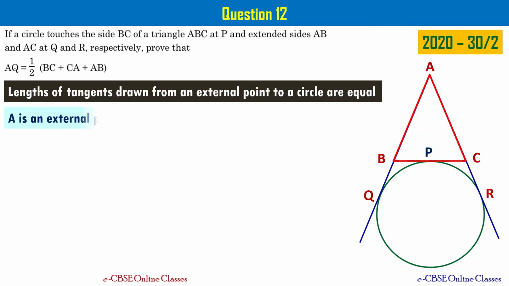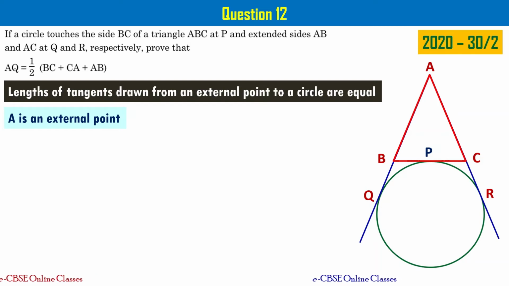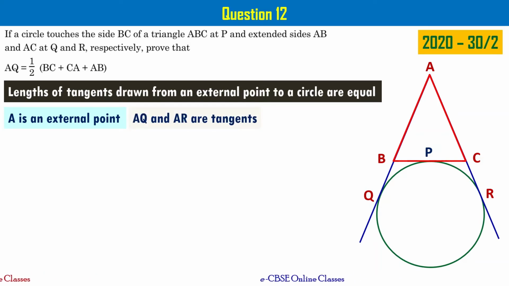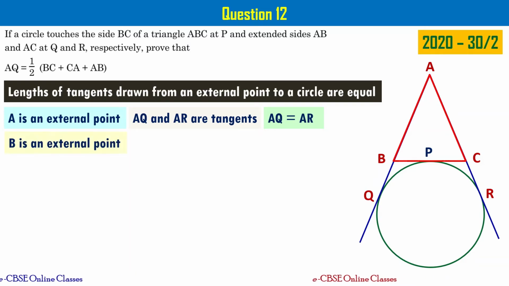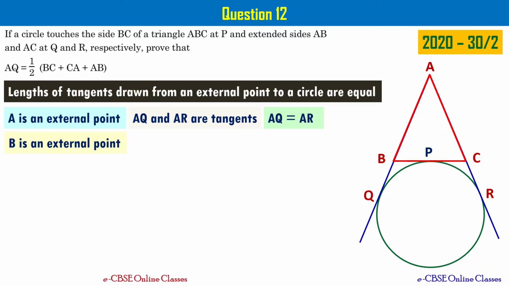We know that lengths of tangents drawn from an external point to a circle are equal. In this particular case, A is an external point, and AQ and AR are the tangents. It means the length of AQ is equal to the length of AR, right? And B is an external point; from the figure you can see that BP and BQ are the two tangents drawn to the circle from the point B, right?